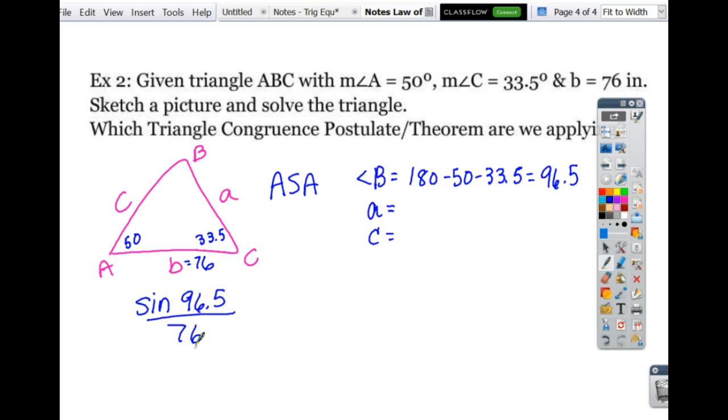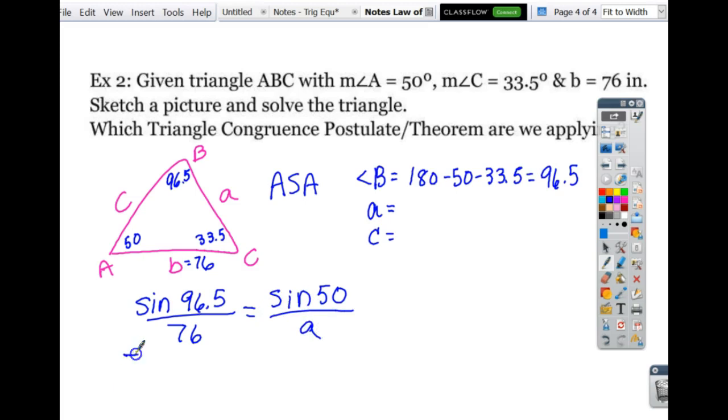We're doing the law of sines, so yes, today it's the sine. So I'm going to start with 96.5 and 76. If I want to find A, I have the sine of 50 over A.